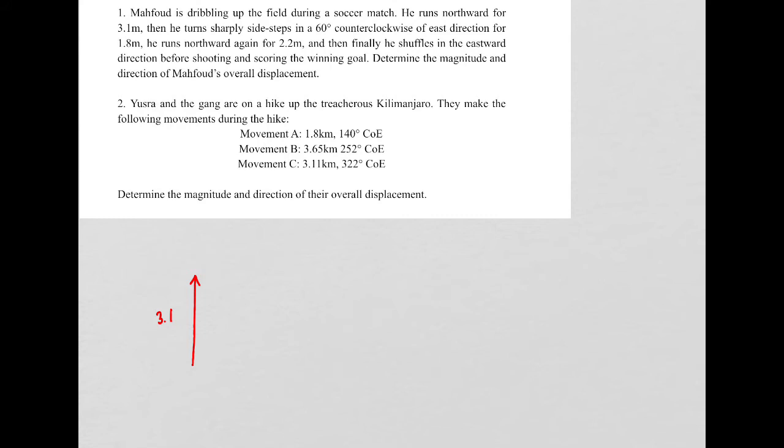So now he's going to go, I'm going to move this guy down, in a kind of 60-degree direction, that's a little more like 45, maybe a little sharper, for 1.8 meters. He runs northward again for 2.2 meters. And finally, he shuffles in the eastward direction before shooting and scoring a goal.